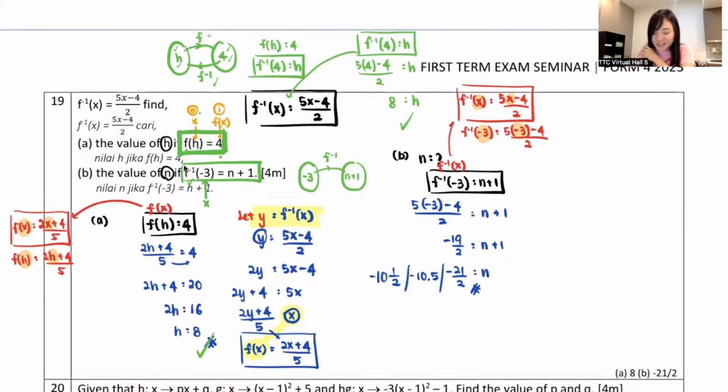You understand, my dear? So you see, I repeat, the question only give me inverse. So if you don't want to get original, some of the question will give you object image. So actually these questions, the FH equals to 4, you are allowed to terbalik the object, become the image become the object. If you're able to write this blue color one out, you can straight away getting the answer.